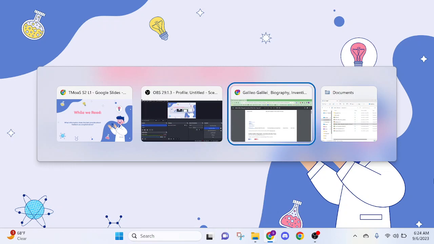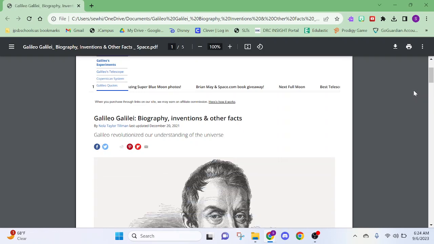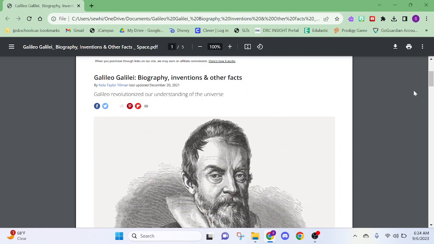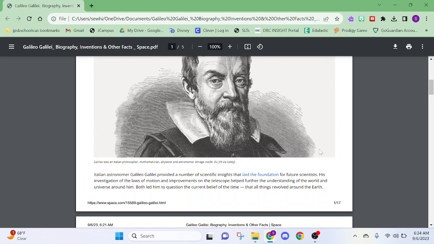So go over here. You're gonna have to ignore how wonky it looks. That's just how it ended up saving on my computer, but you can read it. That's the point. So, Galileo Galilei, Biography, Inventions, and Other Facts by Nola Taylor, her last name now Tillman. And this is actually a picture of Galileo.